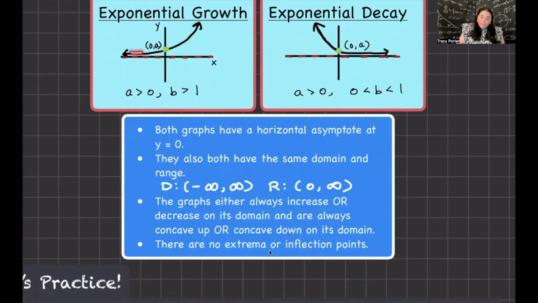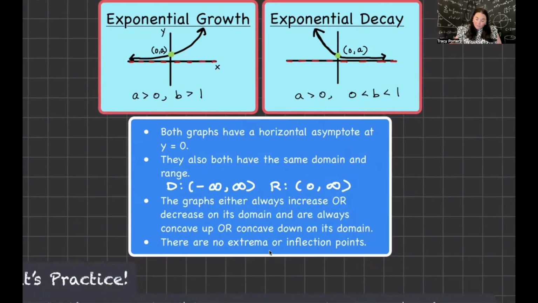Both of these scenarios are always concave up. But as we said, with other transformations on it, it could also reflect and be the other way, and then it would be always concave down. So we're not going to have any extrema and we're not going to have any points of inflection.